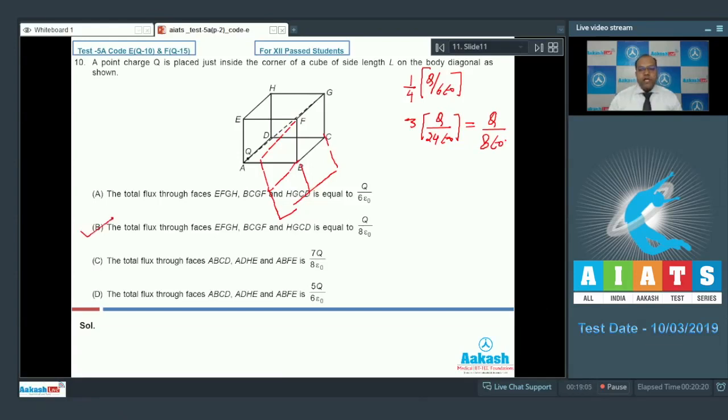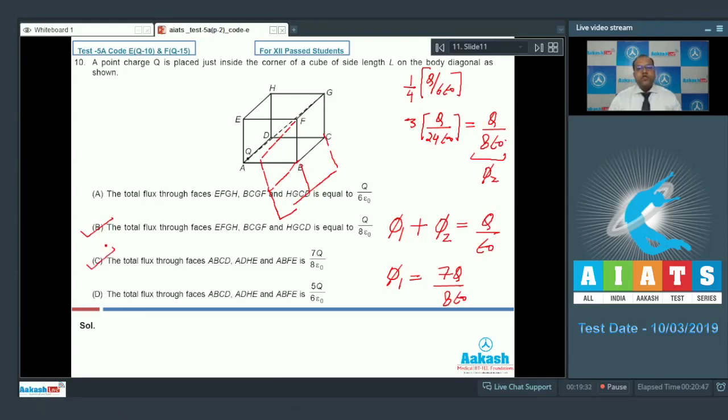In the cube of edge length L, the total flux through all the near faces is phi1 and through all the far faces is phi2. That must be equal to Q by epsilon naught. This is the value of phi2. So the value of phi1 comes out to be 7Q by 8 epsilon naught. So option C is correct and D is wrong.